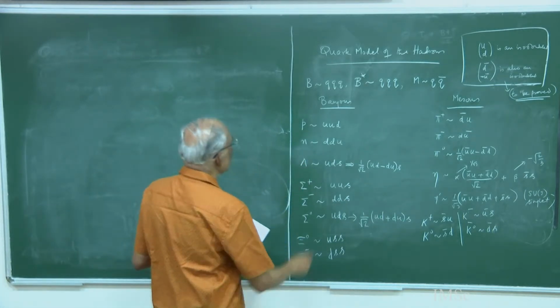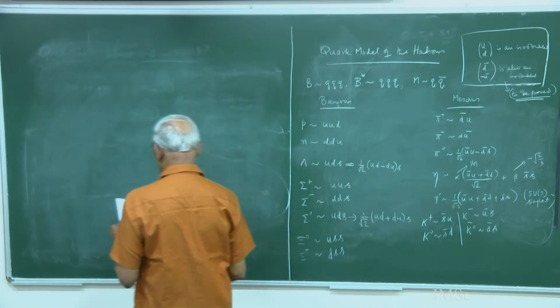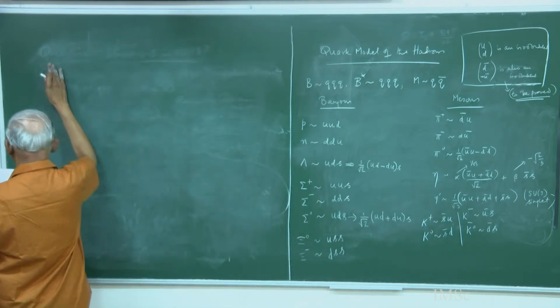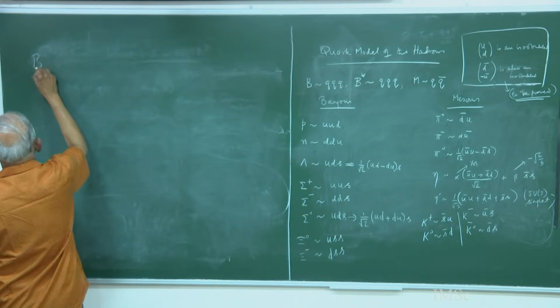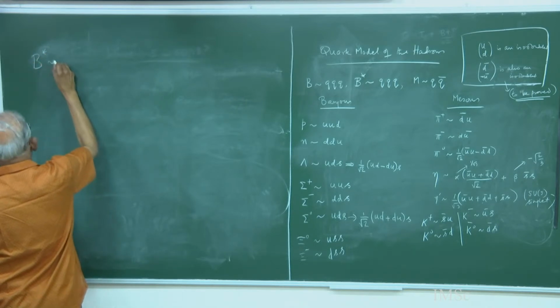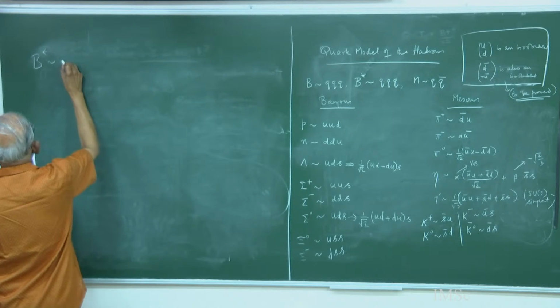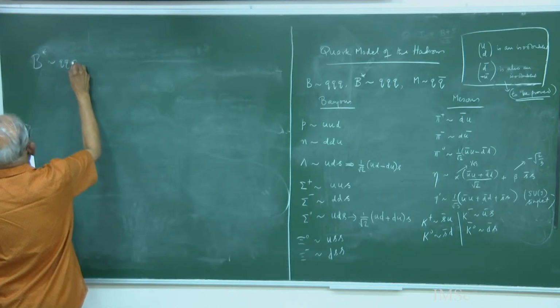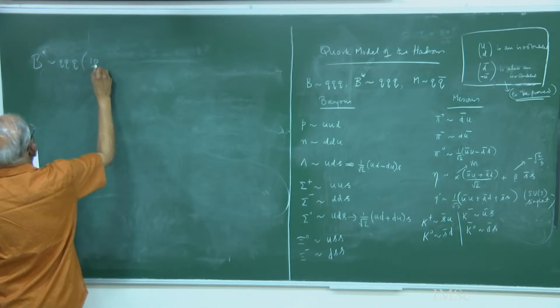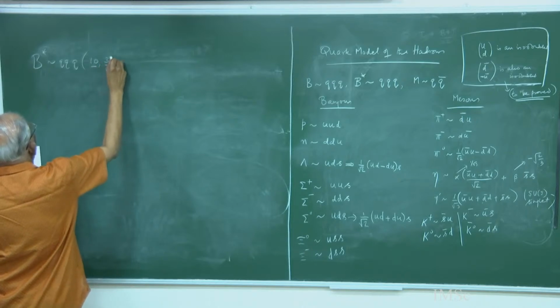So let us go to B star now, the decuplet. That is also made of 3 quarks. The decuplet has spin parity 3/2 plus.